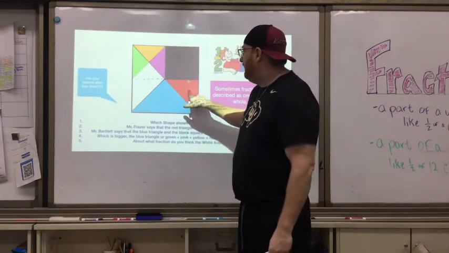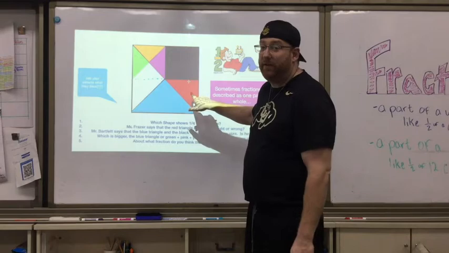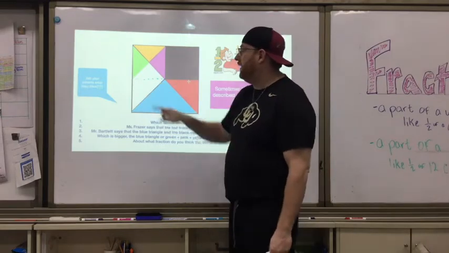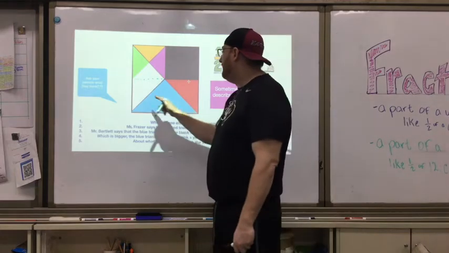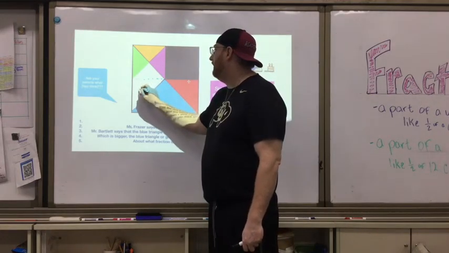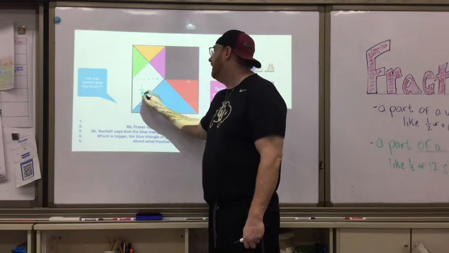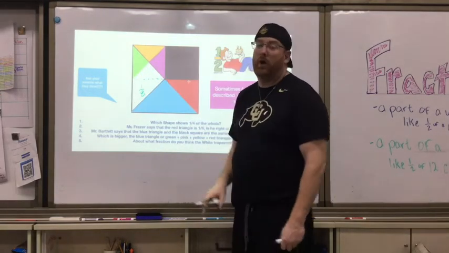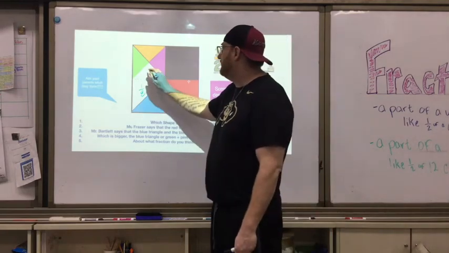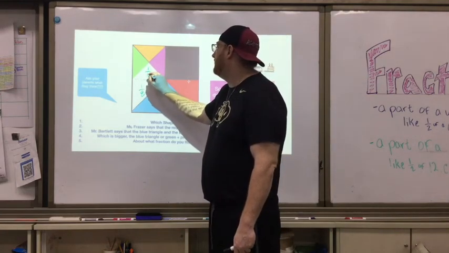I know that this triangle and this triangle are equivalent, which means the same. So I know that this is also 1/8. Earlier, I decided that these 3 were all 1/16, which makes this 1/16.